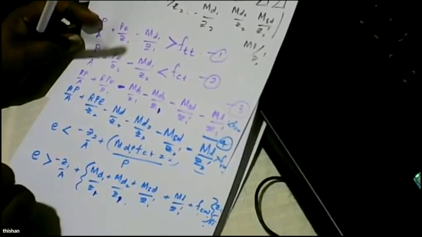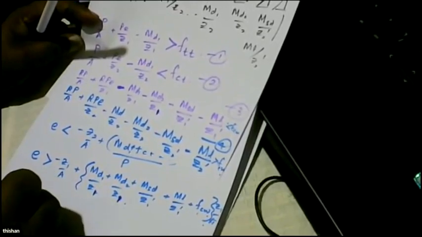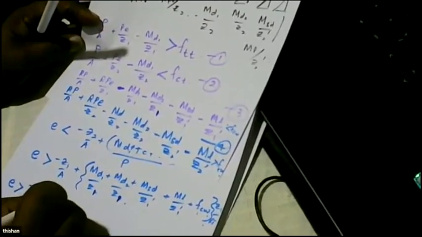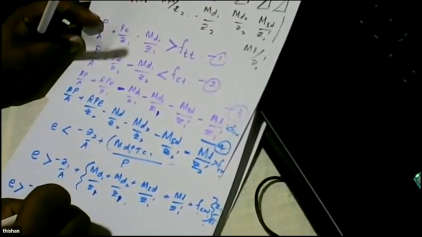So here you can write it again. It should be greater than minus Z1 over A plus MD1.